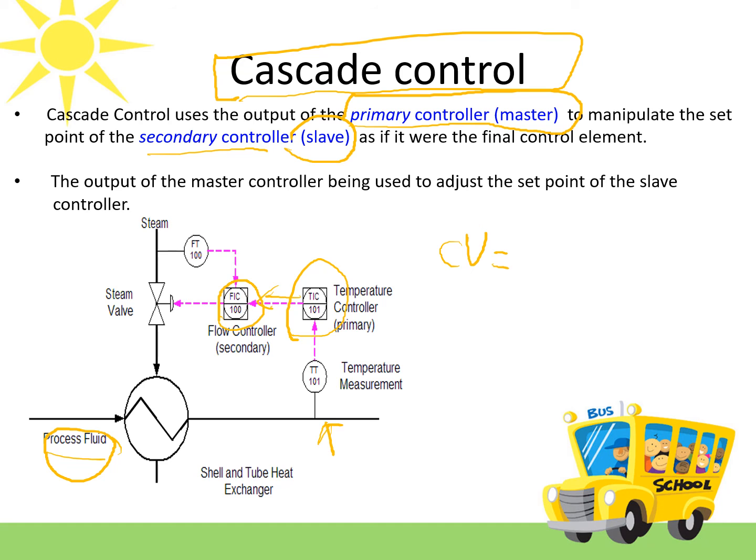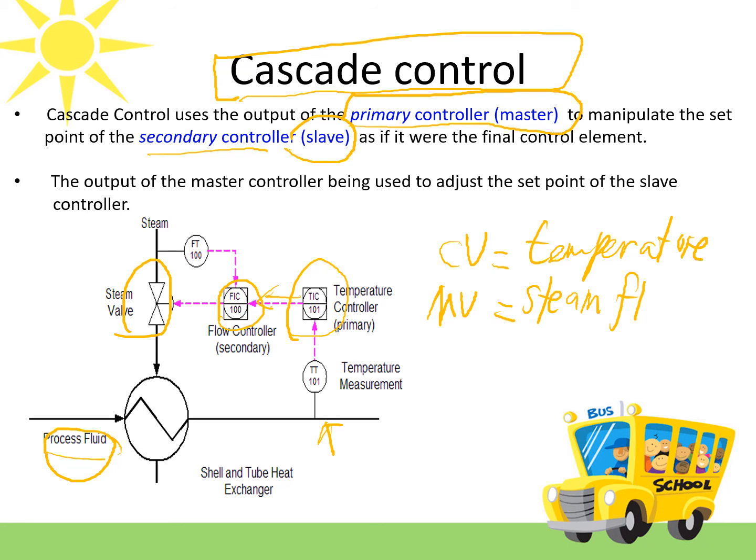So the CV here is the temperature of the shell and tube heat exchanger outlet, and the MV here is what? It is the steam flow rate.